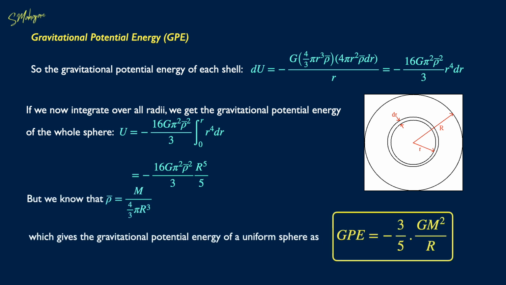But we know that the average density is nothing but the ratio of mass to the volume of the sphere, which in turn gives the gravitational potential energy of the uniform sphere as minus 3 by 5 G M squared by r. So potential energy is only dependent upon the total mass of the sphere and its radius.